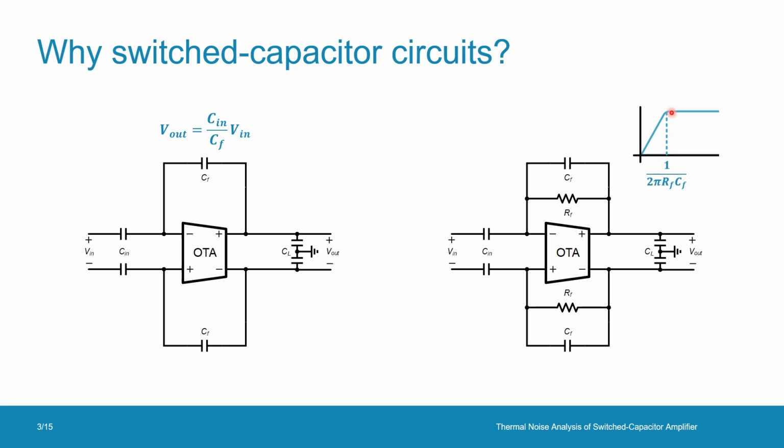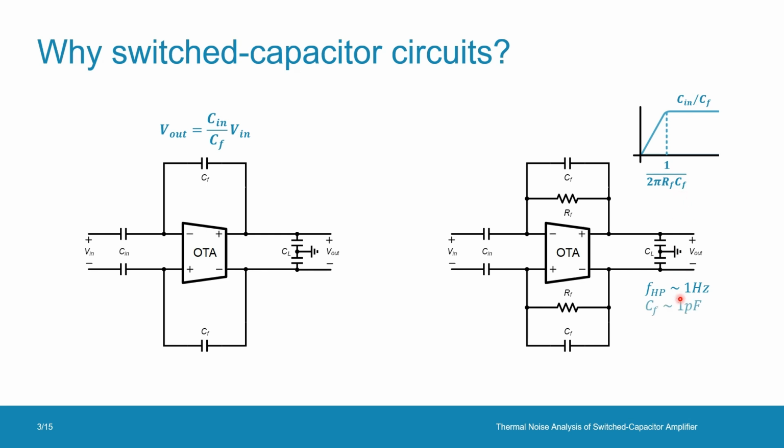After that, we have the expected flat band amplification. Now, in order to amplify low frequency signals, let's say 1 Hz, the time constant RF times CF has to be designed around 1 second.